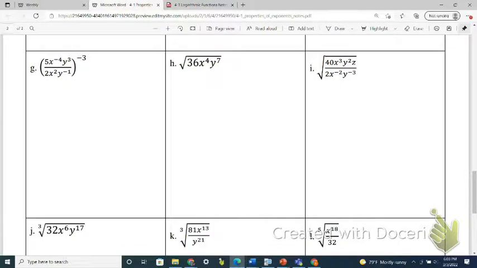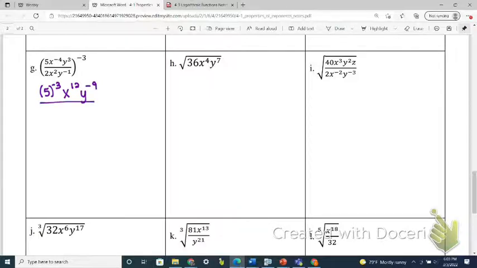So when I look at G, again, first part of the process is we're going to distribute that exponent, even though it's negative. So that means I have 5 to the negative 3rd, x to the 12th, y to the negative 9th.